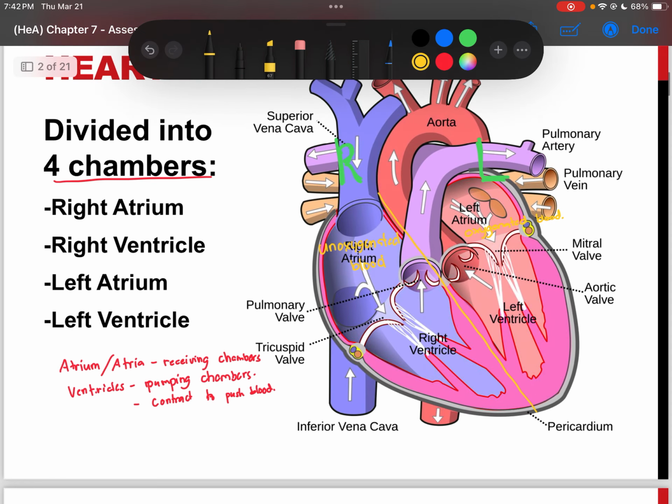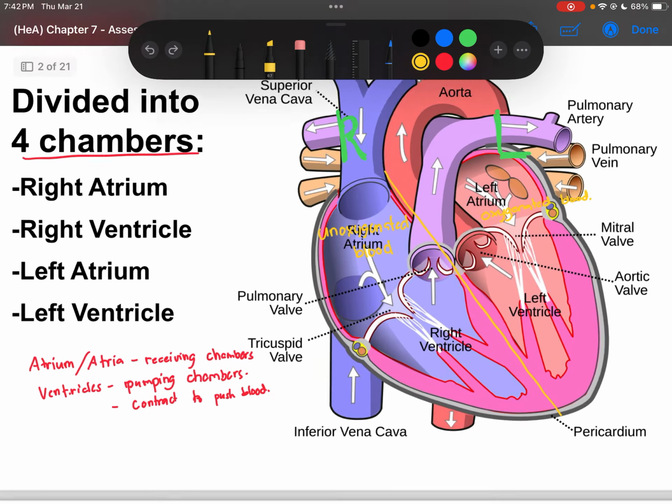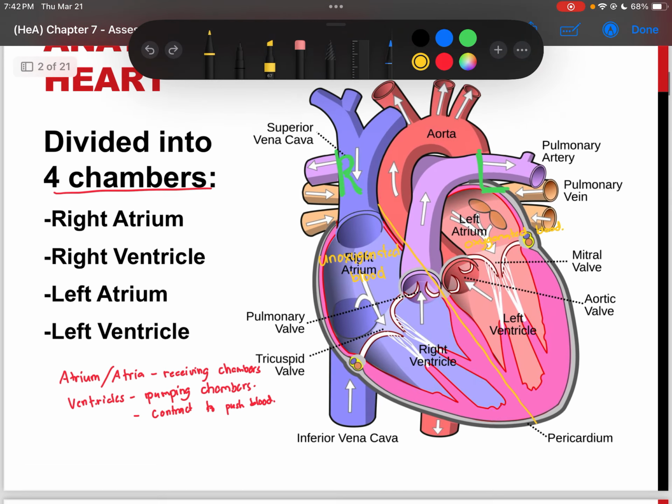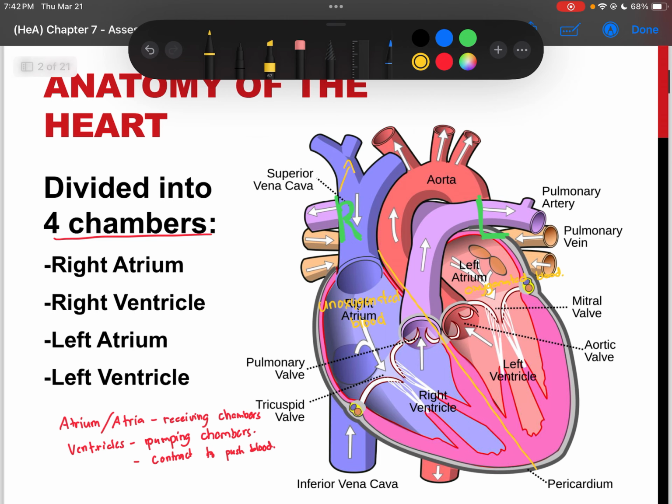As such, the right side will send blood towards what we call our pulmonary circulation.